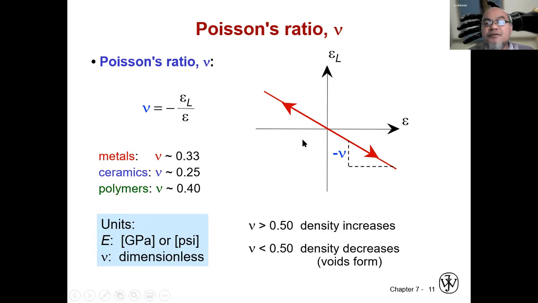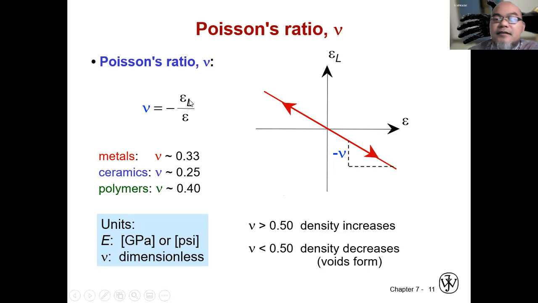So here the graph shows the relationship between epsilon L and epsilon, but the gradient is negative. The negative nu is the gradient between epsilon L, the lateral strain, versus epsilon. When nu is above 0.50, density will increase.